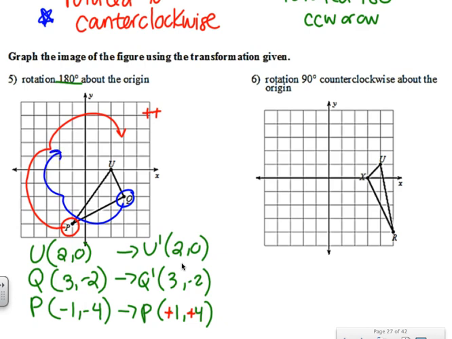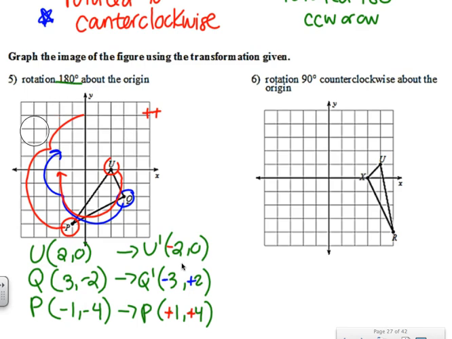So it is now sitting in the negative positive quadrant. So I need to make Q a negative and then a positive. And then U needs to move and go 1, 2. So it needs to sit on that axis over there and be at a negative 2 and a positive 0.